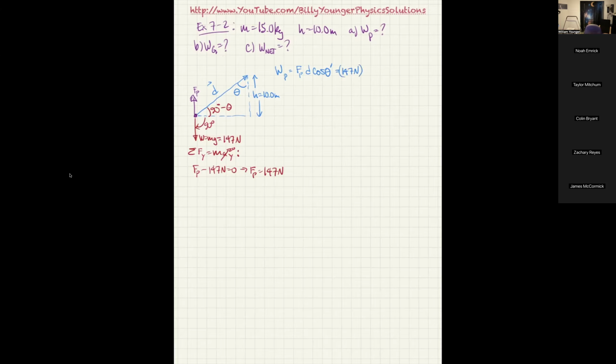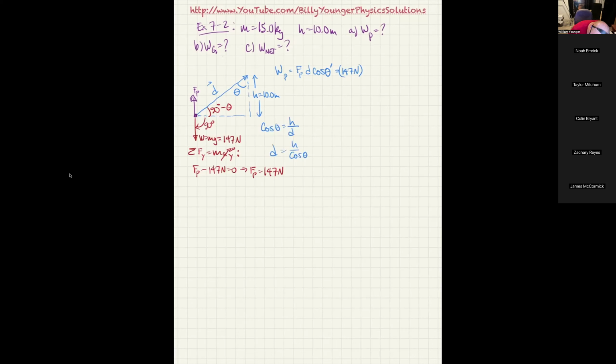I have to put in d, which, by the way, we can see from this diagram, cosine theta is equal to adjacent over hypotenuse, which is h over d. So d is equal to h over cosine theta.